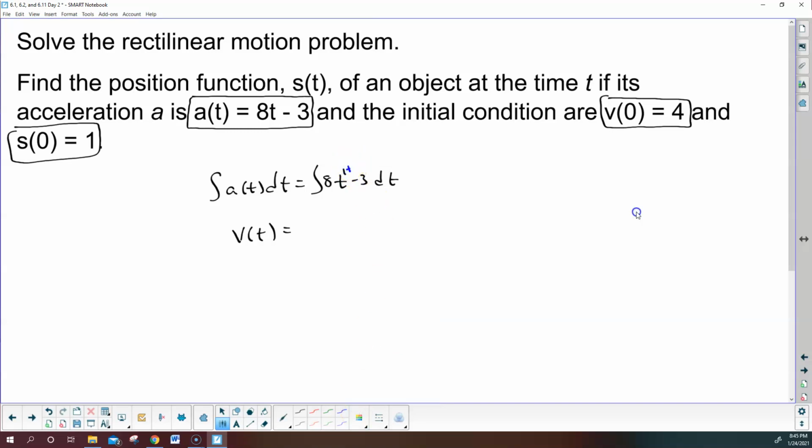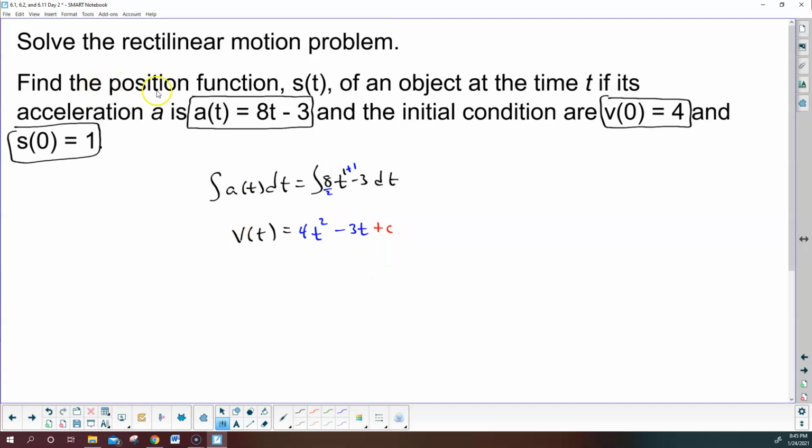I'm going to add 1 up top. Now, if I put a 2 here, I'm going to have to divide this by 2. So some people can put it here, and then they just write, well, 8 divided by 2 is 4. Some people like to write 8 divided by 2, however you want to think of it. And then this is a constant. The antiderivative of a constant had to have a variable at one point. So now I have to put plus c, right?